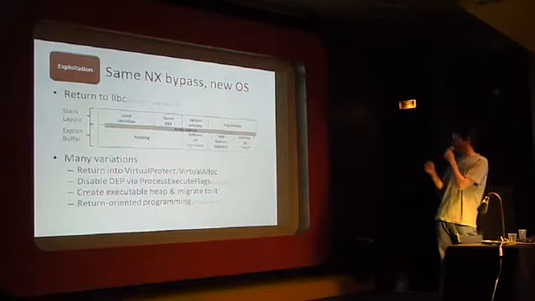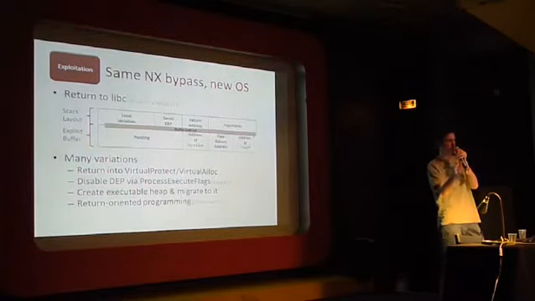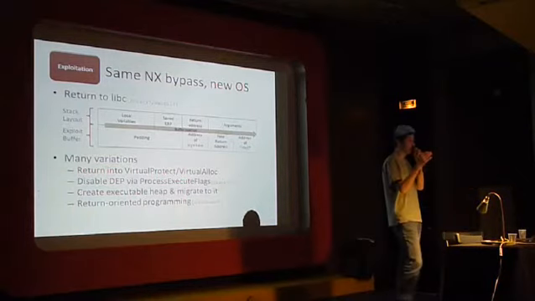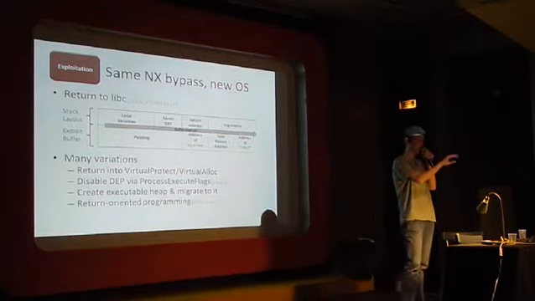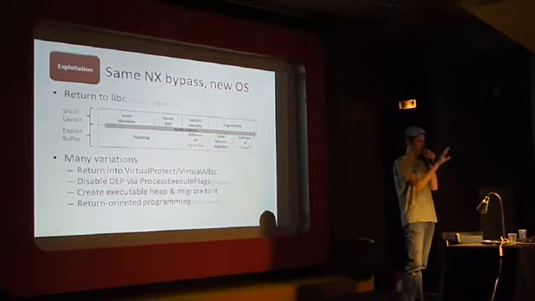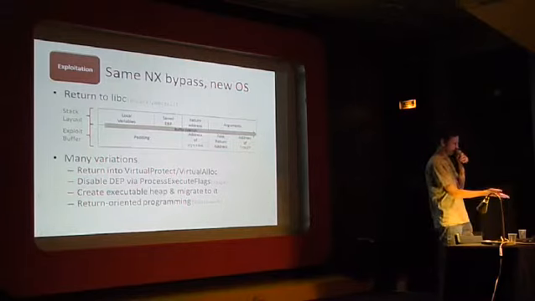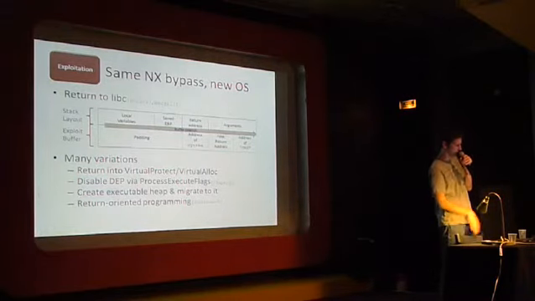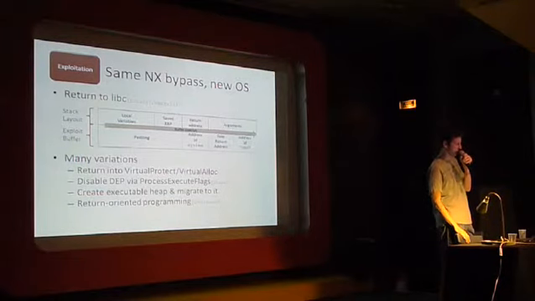So you can say, well, I'm not going to allow you to execute these pages on the heap, but then the attacker just has to find a way of executing VirtualProtect to remove that read-only protection on those pages of the heap. So for example, the attacker would disable DEP and then be able to run code on the heap anyway.